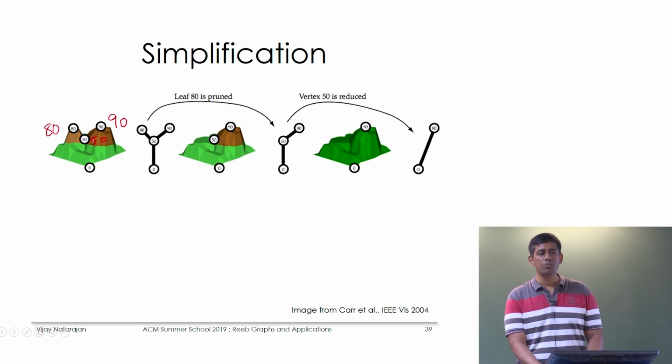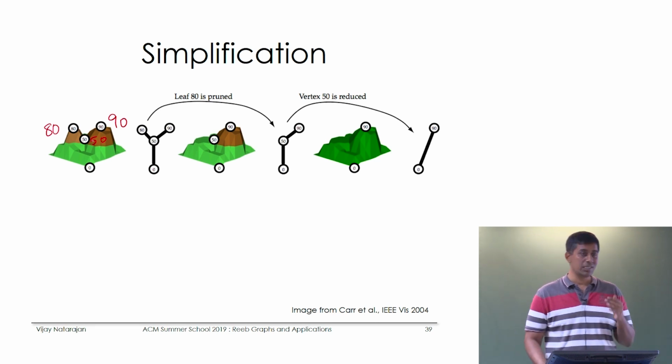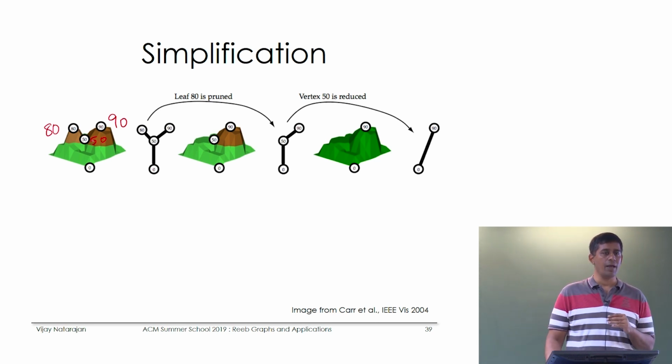One of the hills is much smaller than the other, and we would like to perform some simplification. What is a systematic way of simplifying the contour tree? That is the question we are trying to answer.